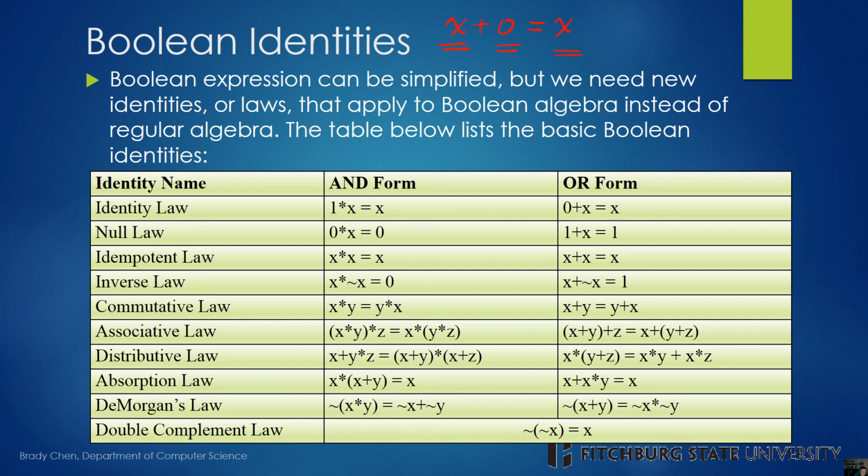Now Boolean identities are very similar to algebraic identities, except the operation here, like the asterisk, is not multiplication, it's AND. And plus here is not addition, but the OR operation.